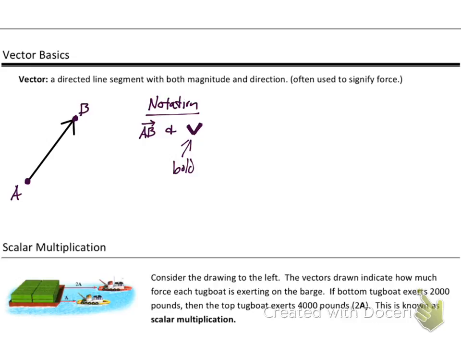All right, let's also talk about magnitude real quick. Magnitude is just going to be the length. What is the length of that vector? So this vector here would be different than a vector way up here. This vector would be longer.